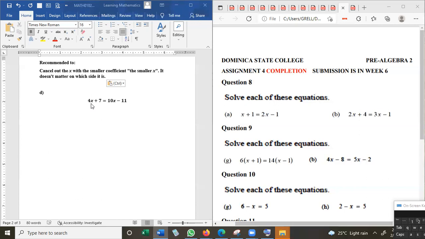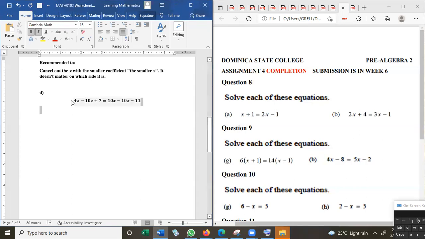You can even see it is easier to cancel out 4 than 10. Because if we're going to cancel out 10, let's say we do 4x minus 10x, and we have 10x minus 10x. When you say 4x minus 10x, you're going to have a negative 6x.